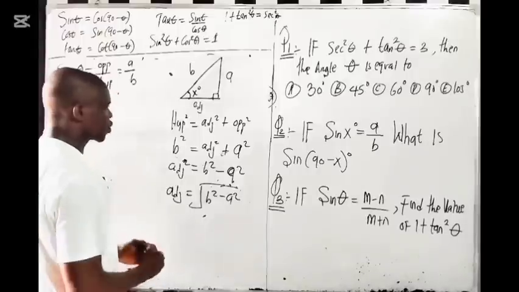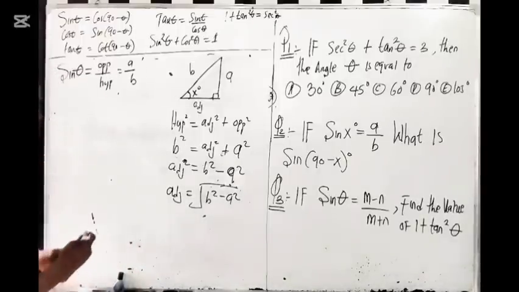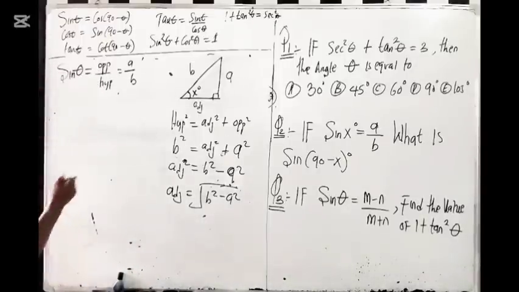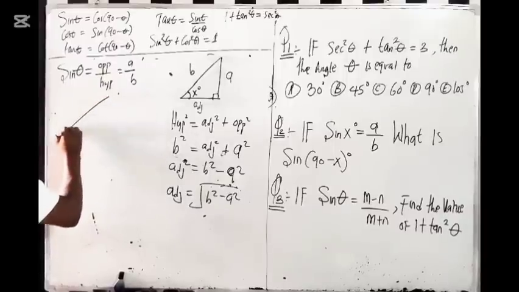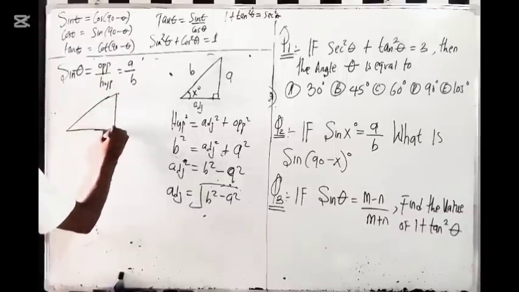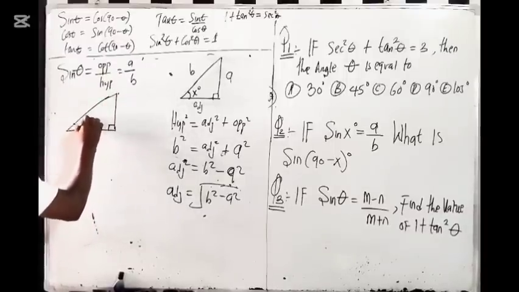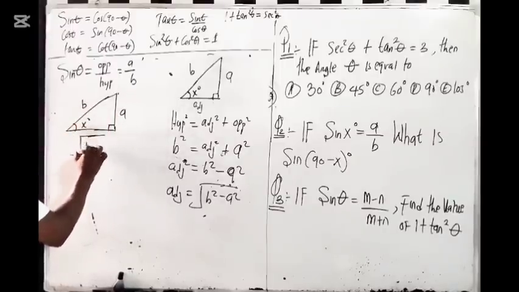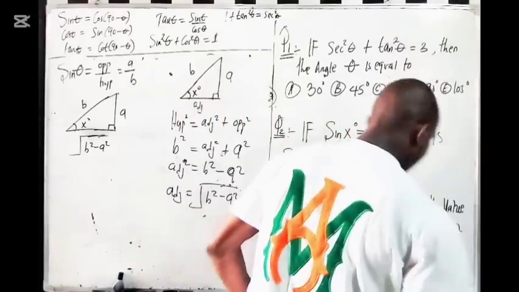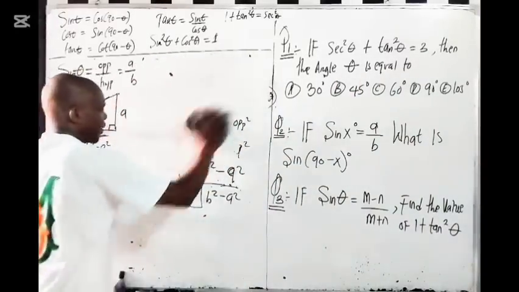If you redraw the triangle, we have S degree, A, B, and the adjacent is the square root of B square minus A square.